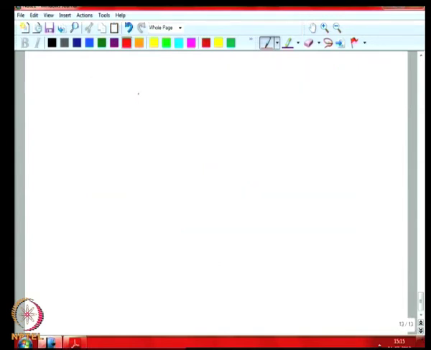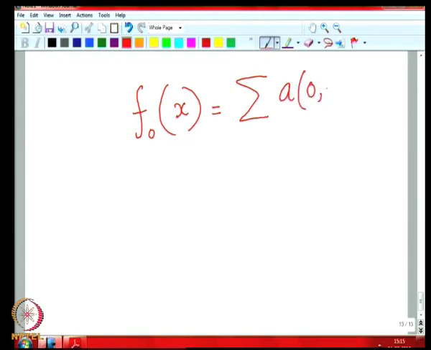So, for instance, what will be f 0 of x? F 0 of x has to be sigma of a of 0 comma r equal to 1 to infinity x raised to r.